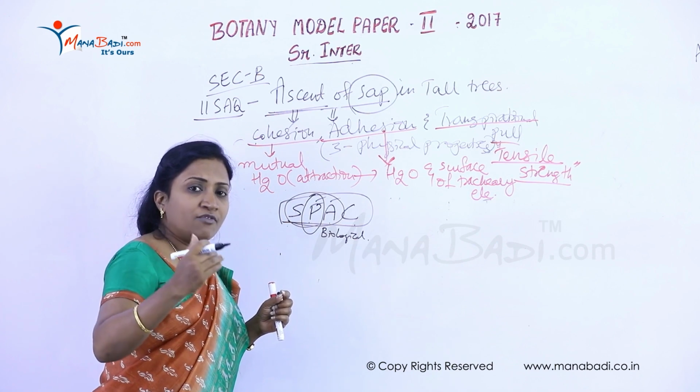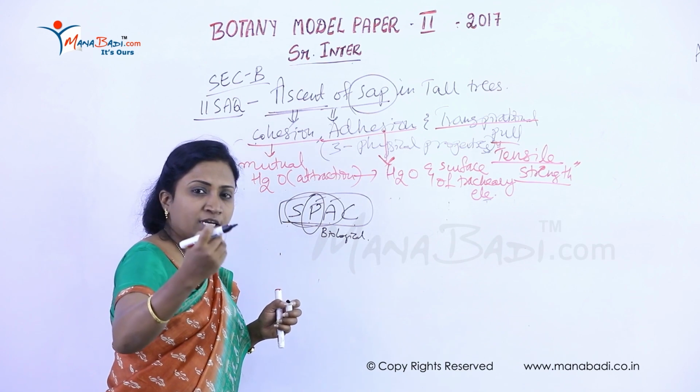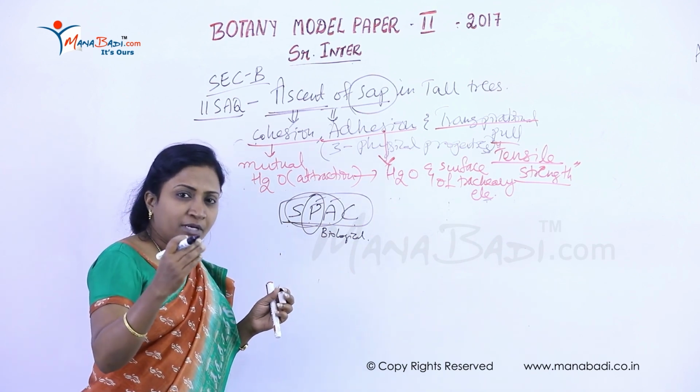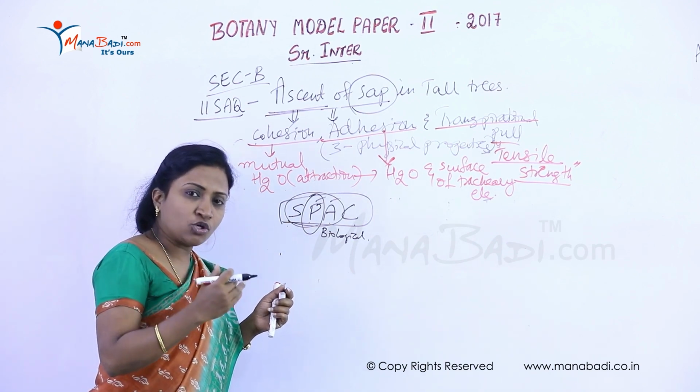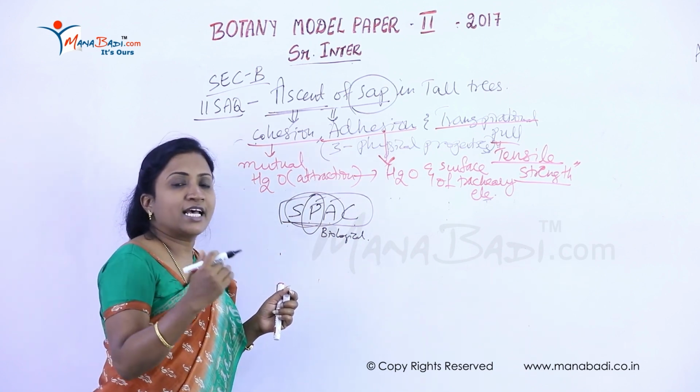So water is then moved from the other cells into the guard cells, and this pressure is created subsequently up to the xylem cells.